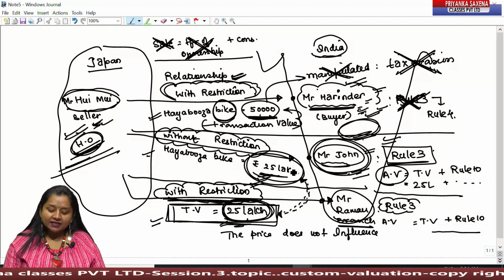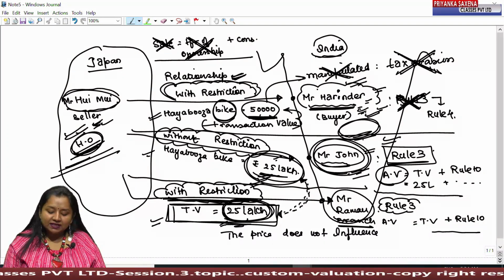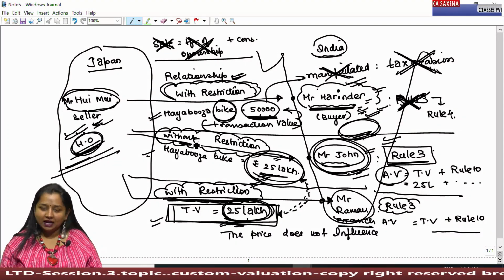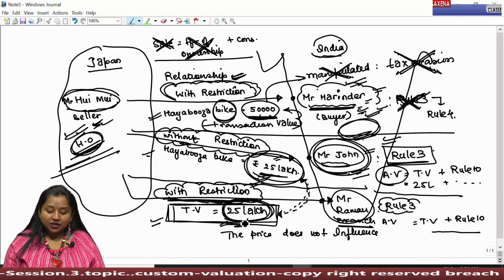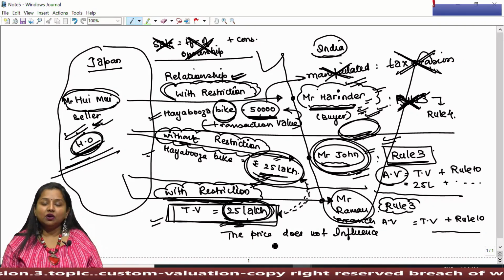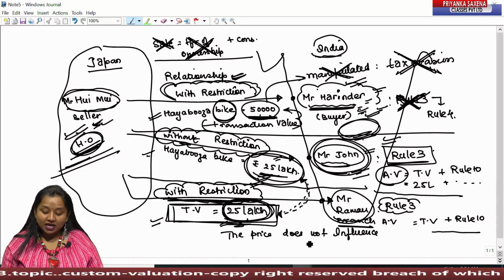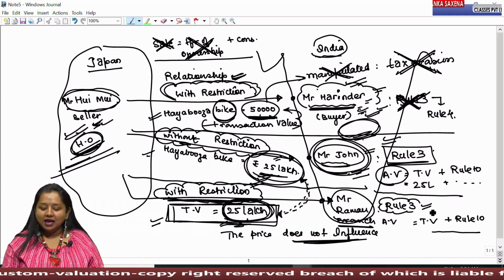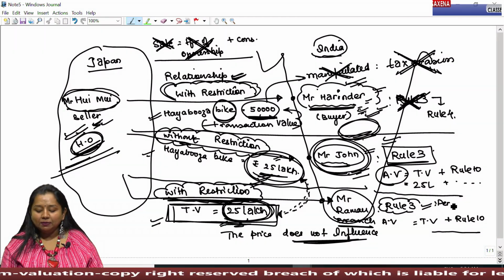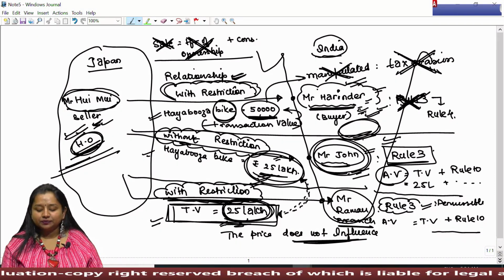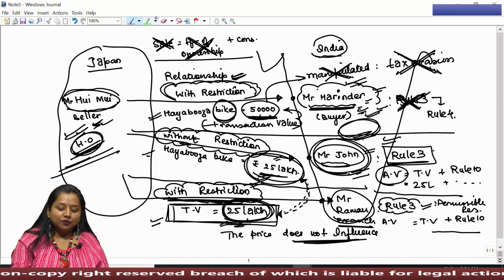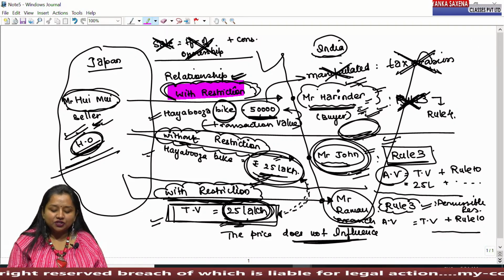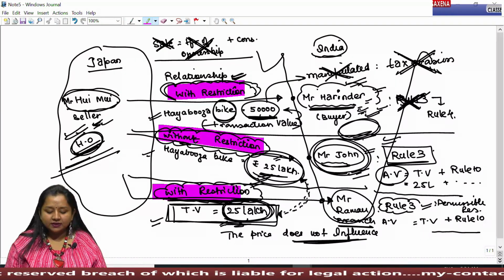This is the price at which these goods are being supplied to any other person even without restriction. That is, because of restriction, the price of goods under invoice has not been influenced, due to which rule 3 can be applied as a permissible restriction. Okay. So, we can say that in case of restriction, there could be two cases.